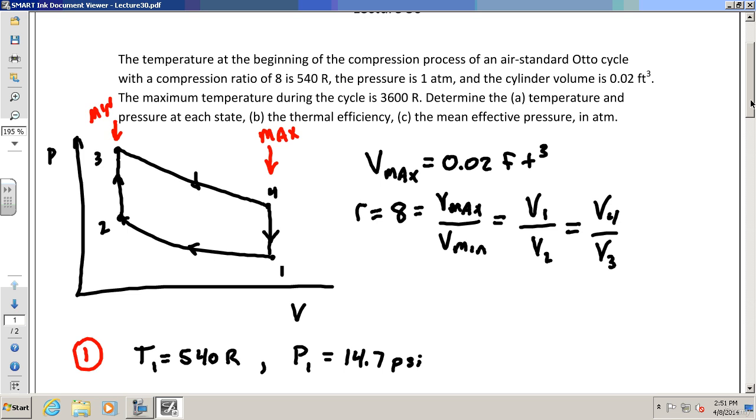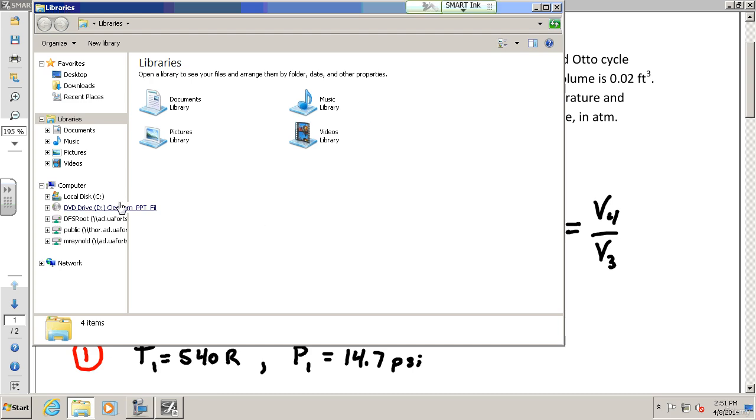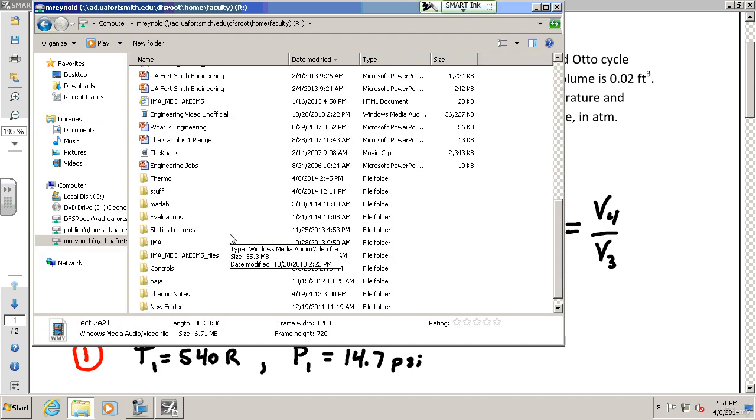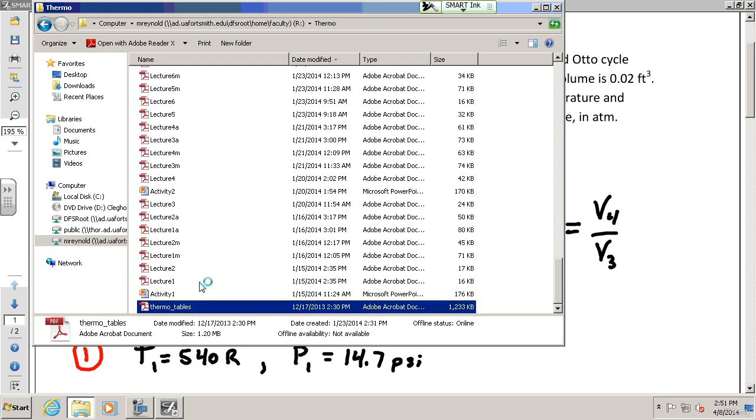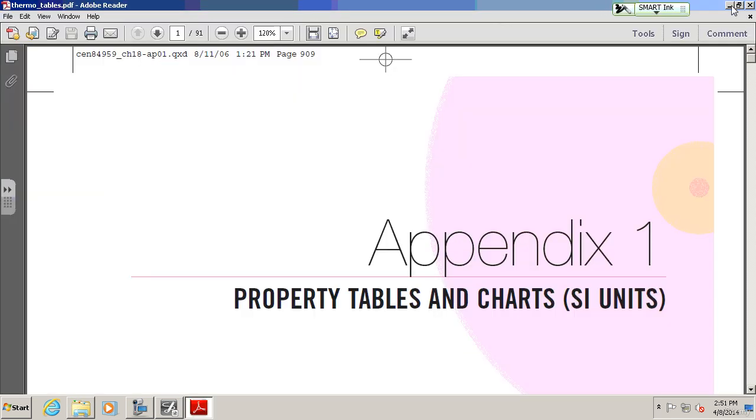As we go through this type of analysis, you're going to find one particular table to be very important, and that's your air table. So if you brought your tables, I would suggest you open them up. Or you know what, I'll just bring mine up here. Let's go to our thermo tables.